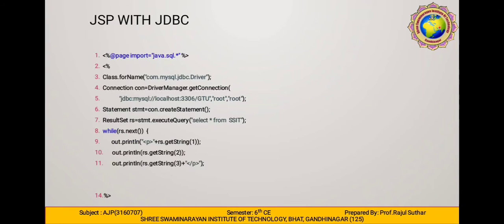Here you can choose the database, SSIT. The while loop with the rs.next condition gives us the next output by using the rs.next method. We use out.println with rs.getString for the first column, and in the same way the second and third columns will appear. And the connection is required to be closed.